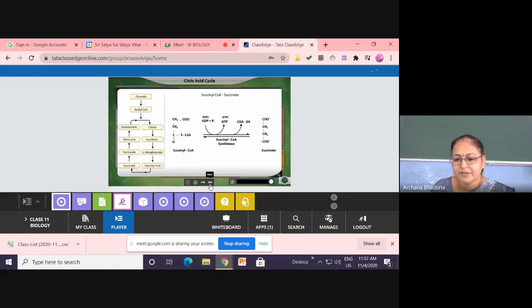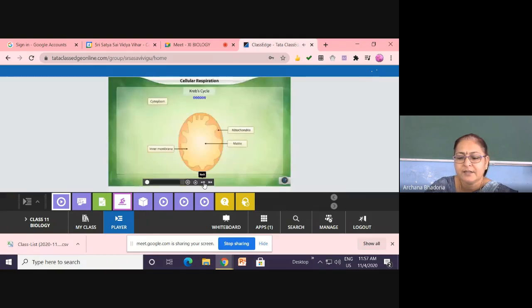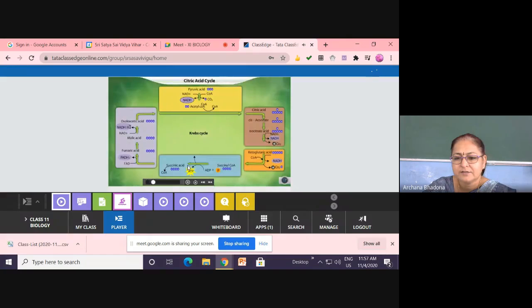Okay. I'll take up once again. The first stage of cellular respiration, the energy stored in the pyruvate molecule is extracted in the 5 stages of the Krebs cycle. Click a tab to learn more.